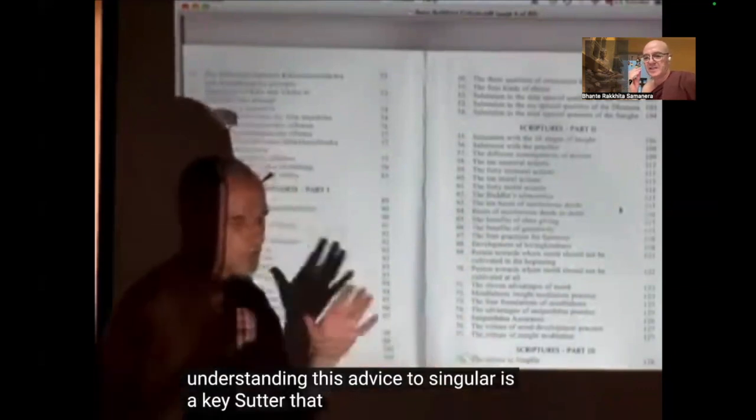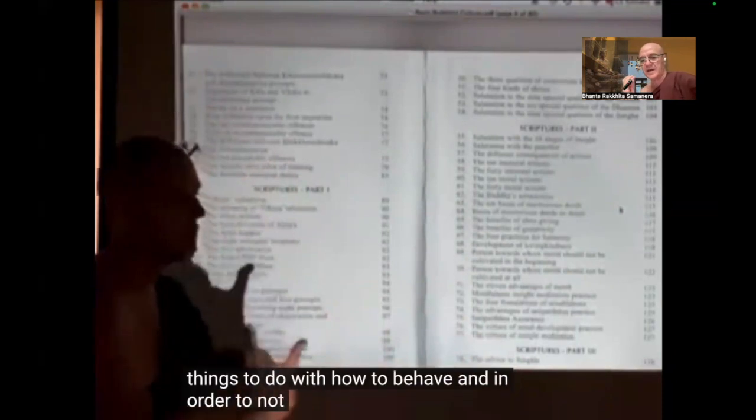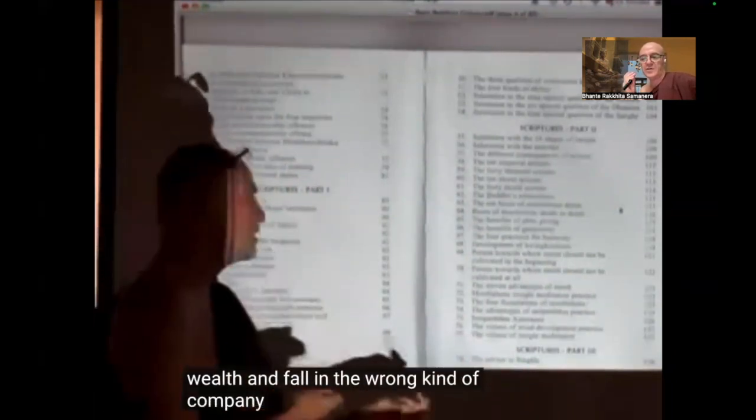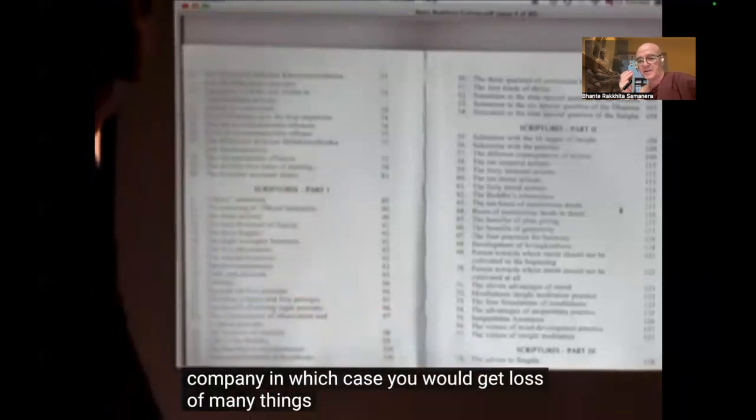The advice to Sigala is a key sutta that describes many things to do with how to behave in order to not fall into debt and lose wealth, and fall into the wrong kind of company, in which case you would lose many things.